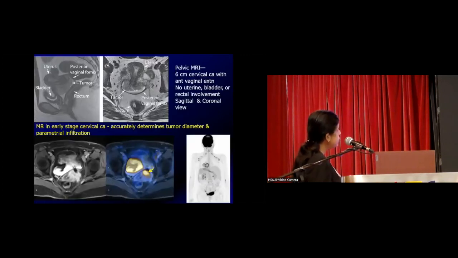So an example of a PET-MR in a patient with early stage cervical malignancy, it not only shows the tumor areas, but it also gives us information on the parametrial involvement.